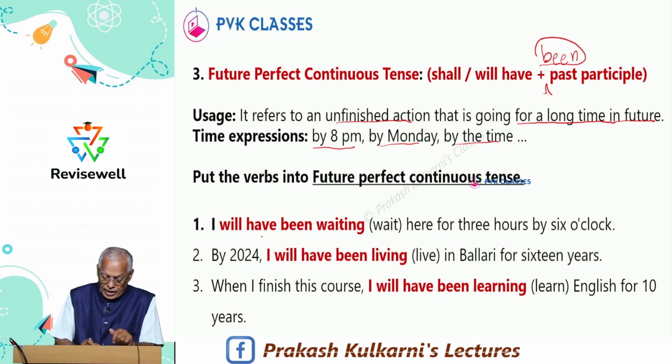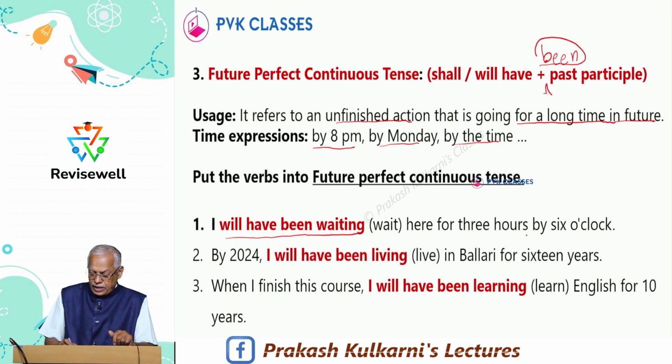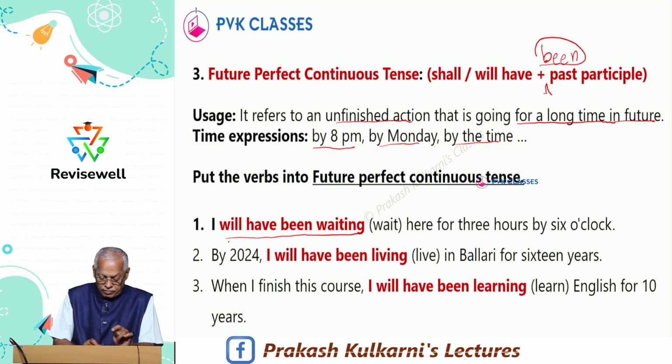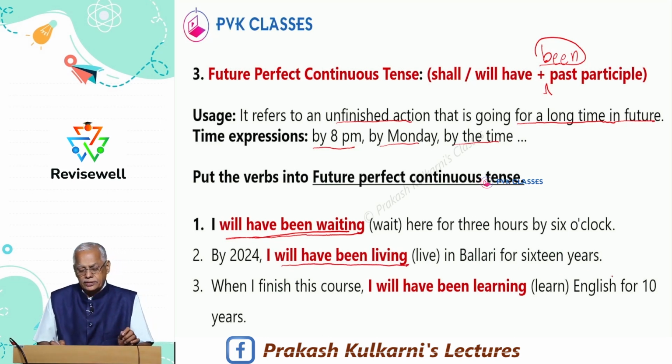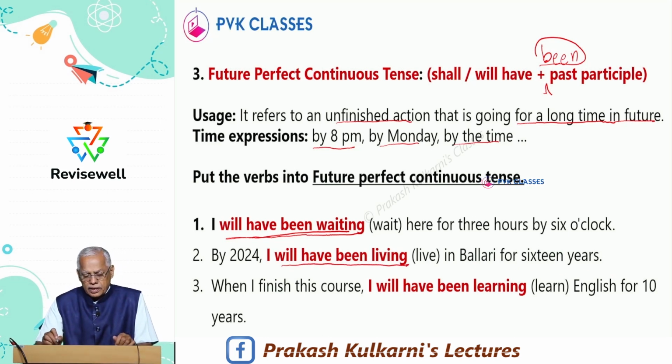Now example, I will have been waiting here for 3 hours by 6 o'clock. ಸೊ ಸಾಯಂಕಾಲ 6 ಗಂಟೆ ಹೊತ್ತಿಗೆ ನಾನು 3 ಗಂಟೆಯಿಂದ ಕಾಯ್ತಿರ್ತೀನಿ. I will have been waiting. Okay. Then by 2024, I will have been living in Ballari for 16 years. 2024ನೇ ವರ್ಷಕ್ಕೆ ನಾನು ಬಳ್ಳಾರಿಯಲ್ಲಿ 16 ವರ್ಷಗಳಿಂದ ವಾಸಿಸುತ್ತಿರುತ್ತೇನೆ ಅಂತ ಅರ್ಥ.